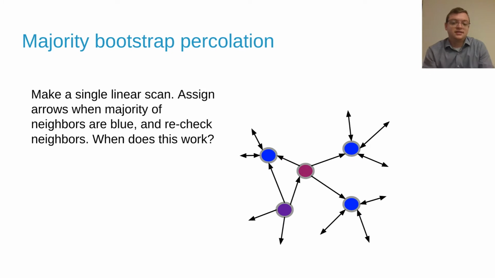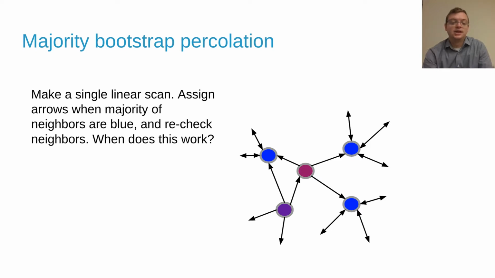How do we assign these arrows? You do the greedy thing. You scan through all of the nodes, and whenever you hit a node that is red or purple and the majority of its neighbors are blue, you send all of its arrows pointing to blue as outgoing, so that it now has more arrows pointing away than in, and you check all of its neighbors again.